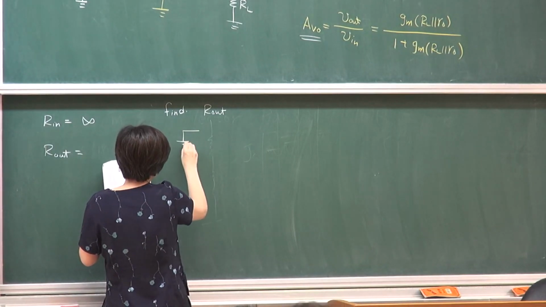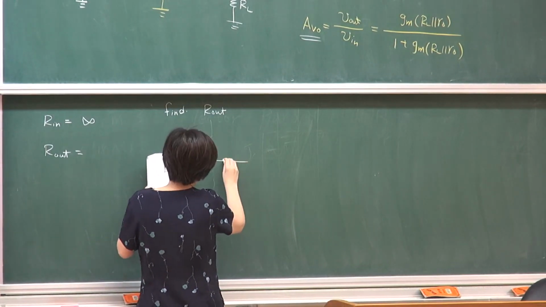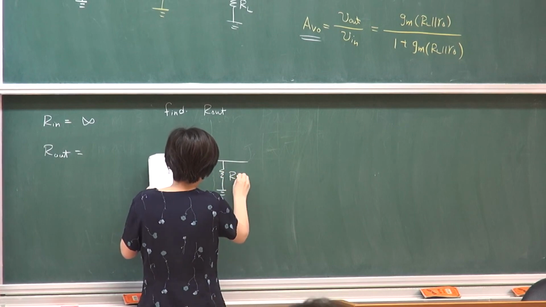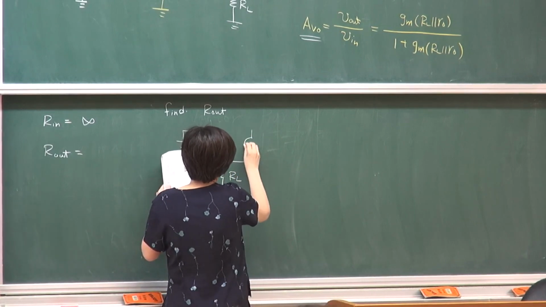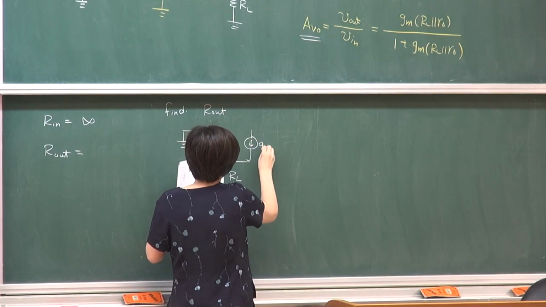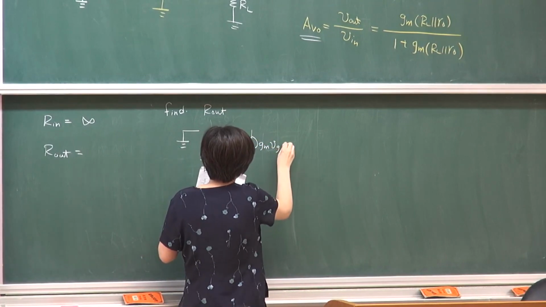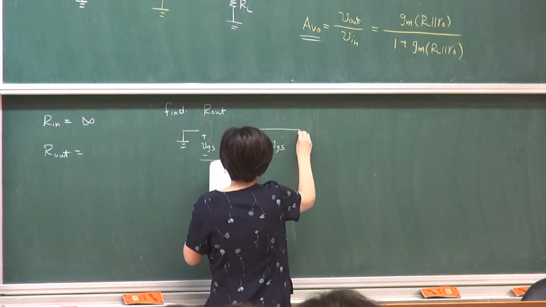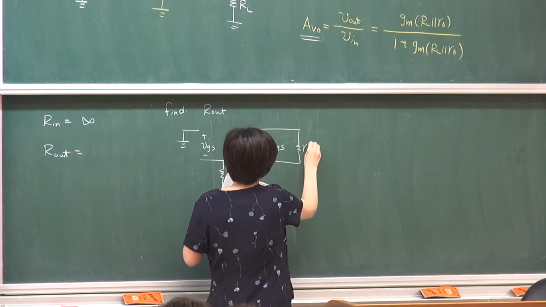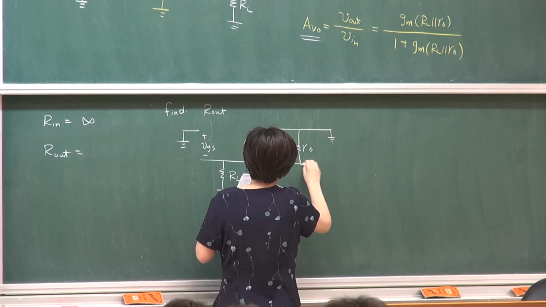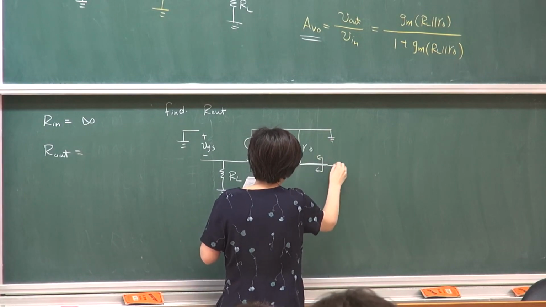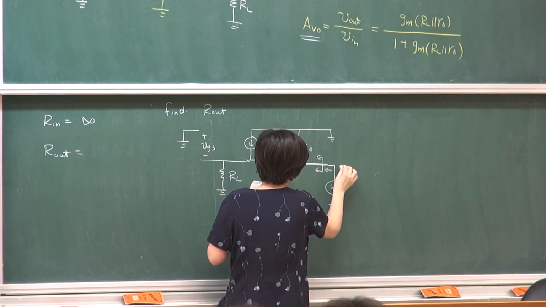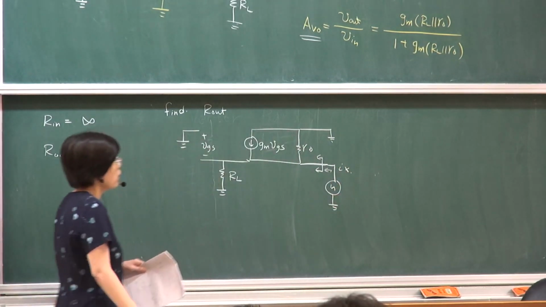You have the input grounded. This will then be R load, and GM VGS, and then RO, grounded. Looking in from here, I'm giving a test voltage again. If you don't know what to do, just do this: VX, IX.